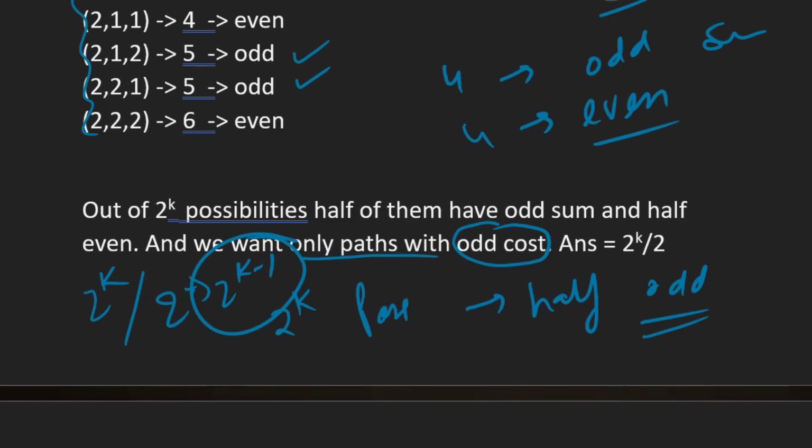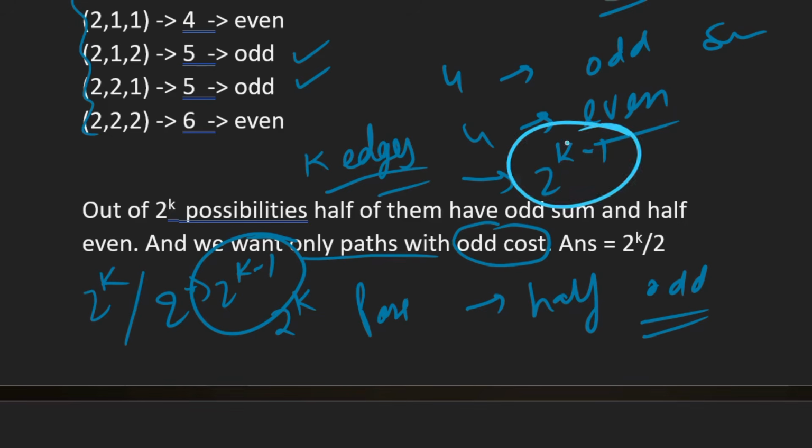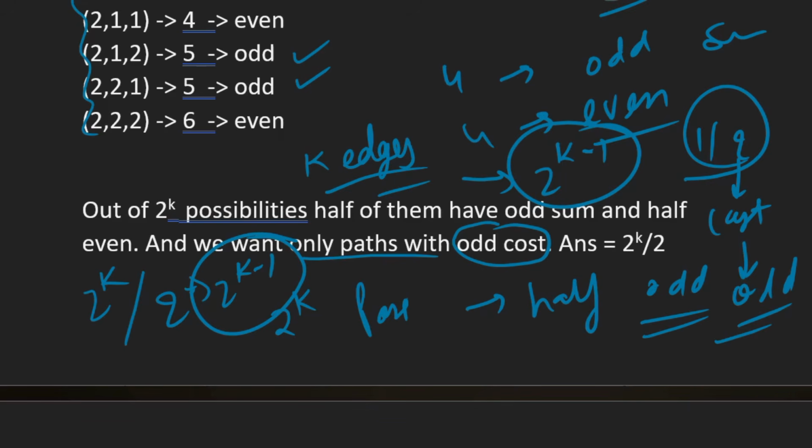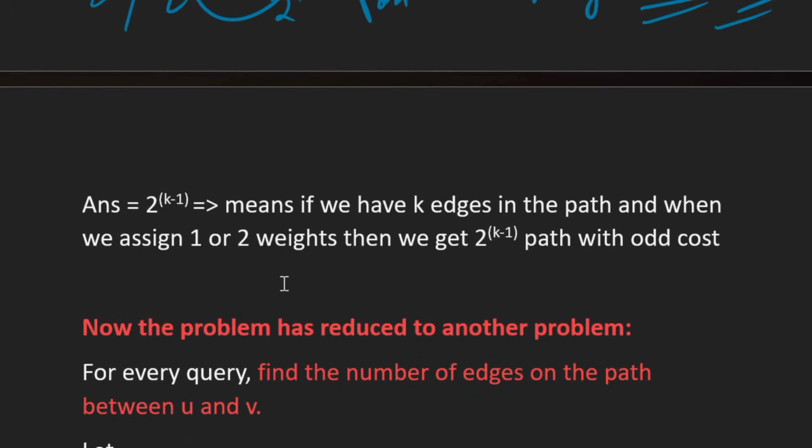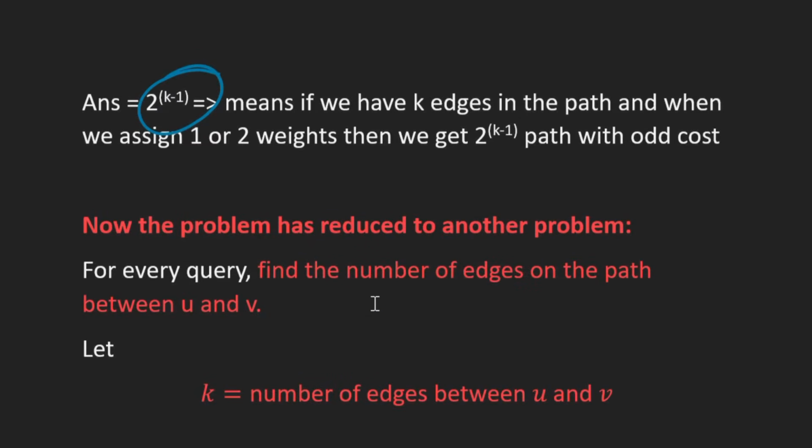So if we have k edges between two nodes u and v, then we have 2^(k-1) possibilities in which we can put the edge weights 1 and 2 such that the cost of the path will be odd, right? So we get 2^(k-1) possibilities when we have k edges between the two nodes.